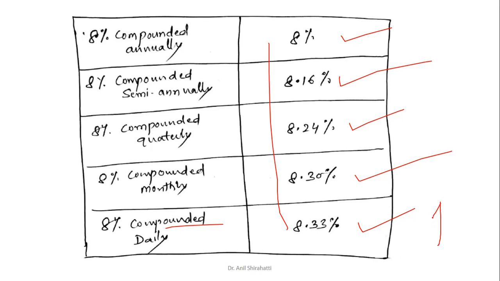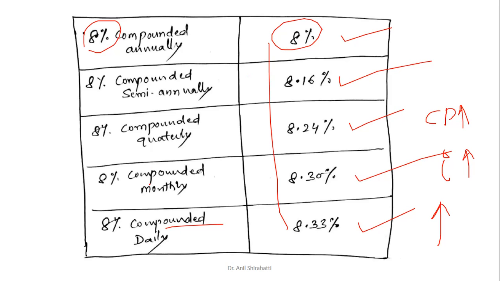So as the compounding period is increasing, whatever interest you have earned will go on increasing. Or in case you are borrowing money, the interest will increase. So what it means is, suppose there is an advertisement and it says the interest rate is 8% compounded annually, the actual interest rate they are charging is 8% only.